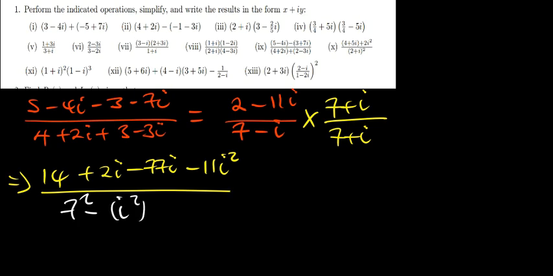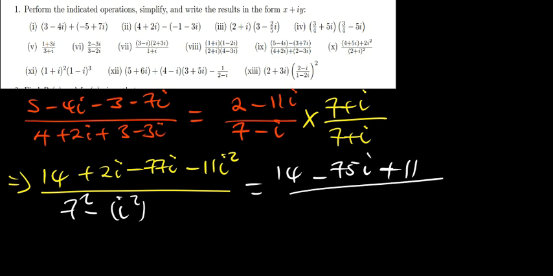Okay, so what are we going to have? On top here, we are going to have 14. Then 2 minus 77, which is negative 75i. Then I'll have minus 11i squared. Now this is i squared, so it's the same as negative 11 times negative 1, which is plus 11.